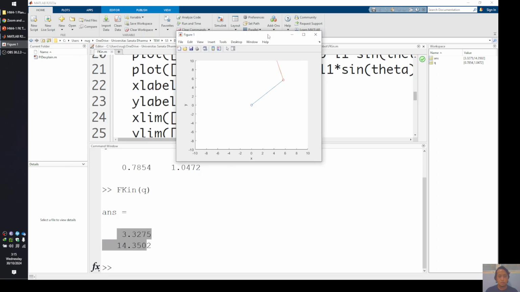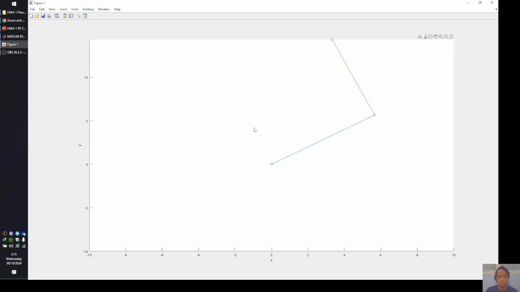So this is the base 0. The base, x is 0, y is 0. This is the first joint. The position of the first joint is 0 by 0, and this is the second joint.